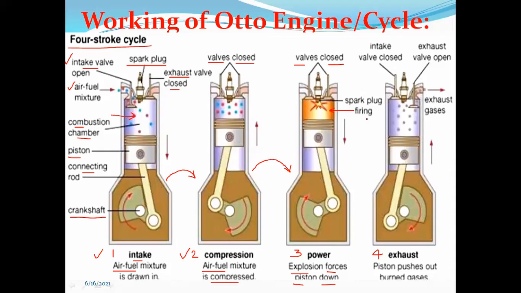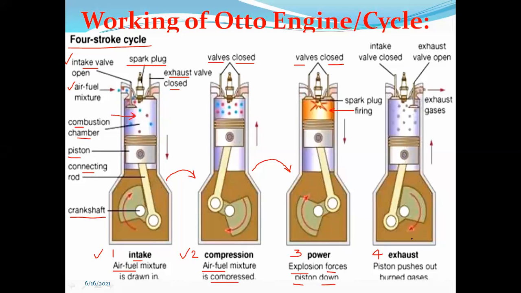Due to sparking, ignition of the fuel occurs inside the chamber, and due to ignition, the volume of the fuel increases, or the fuel expands. Due to this expansion, the piston is pushed, and we can observe that the connecting rod is connected to the crankshaft, and due to that there is a circular motion of the crankshaft.